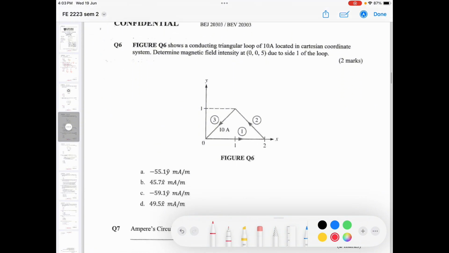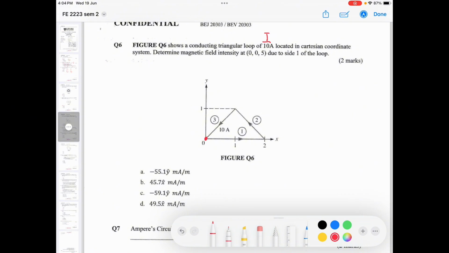Right, we look at question number 6. So it is a conducting triangle loop of 10 ampere, this is the I, located in the Cartesian coordinate system. So determine the magnetic field intensity at 0, 0, 5, at the top, due to side 1 of the loop.